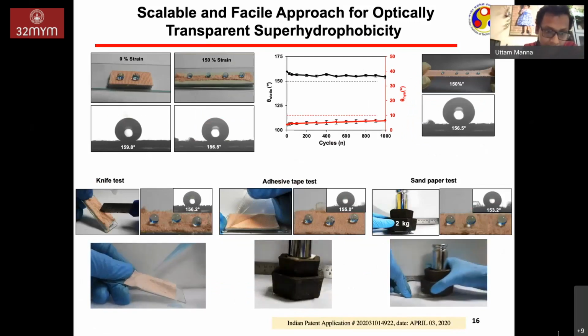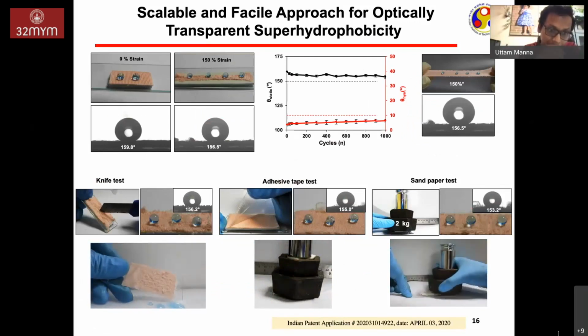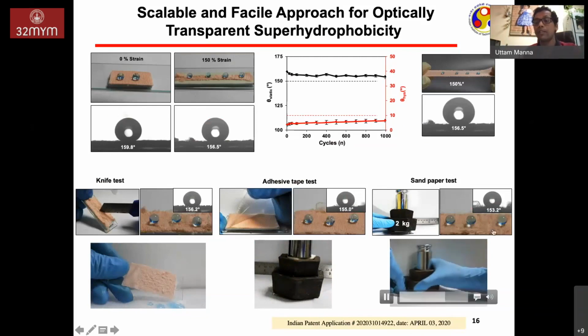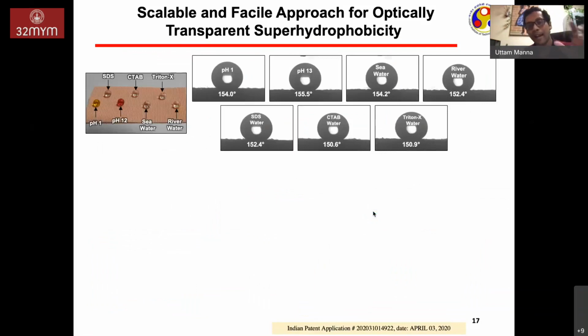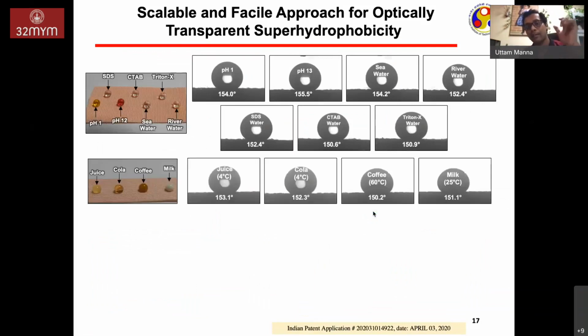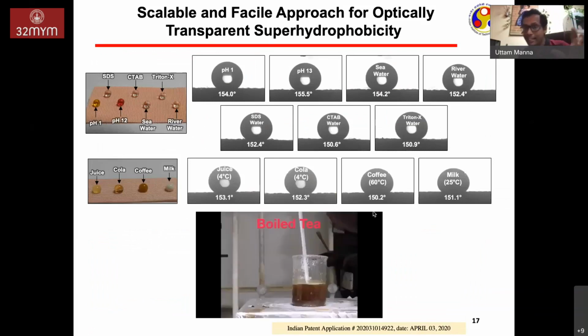Even when the base material, the substrate, is fractured, the coating can still give this extreme water repellency. So that is the great thing here, and you can achieve that in a single step. And these formulations came from just a reaction mixture of small molecules. And in situ, you can choose the appropriate reaction mixture and modulate different kinds of adhesive and non-adhesive wettabilities.